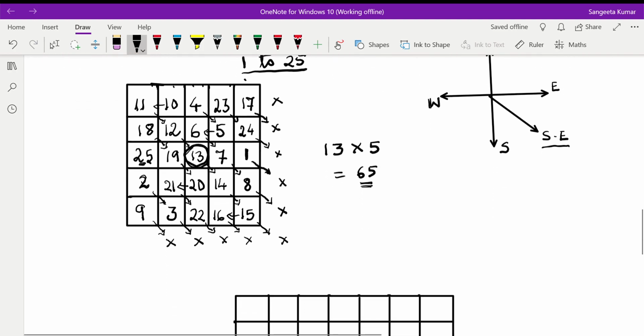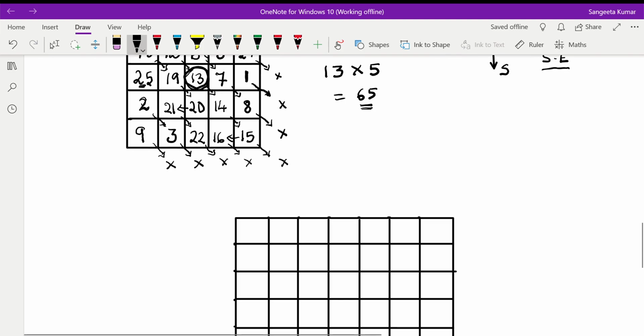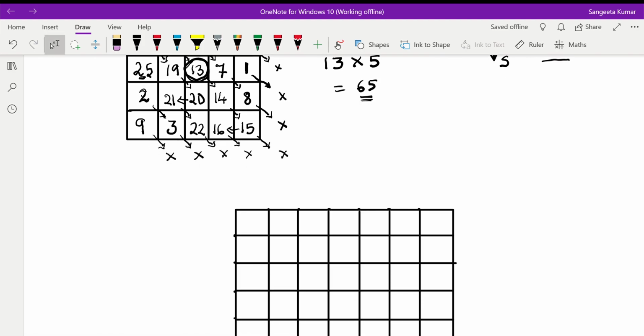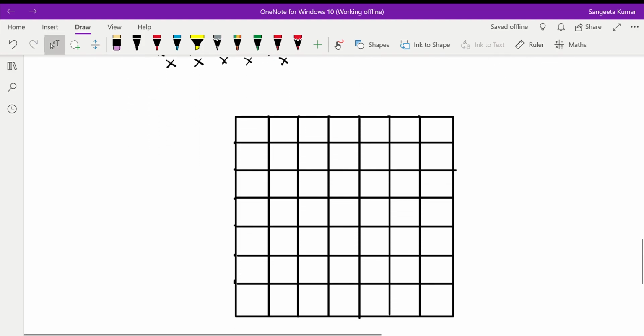So, coming back to my question of 49 cows. This 7 by 7 grid will help us find the total number of cows. That is very simple. Every son will get 7 cows. But how many liters of milk?